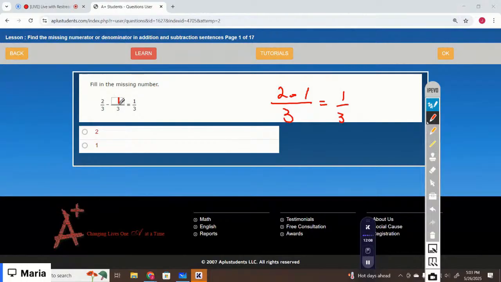So the missing number is 1, that is 2 over 3 minus 1 over 3 equals 1 over 3.